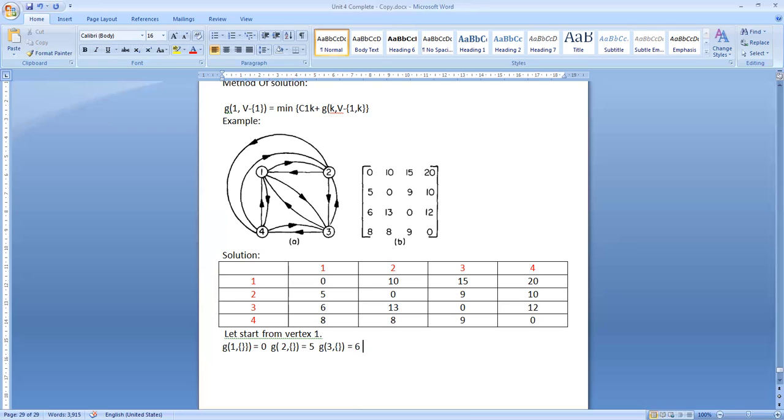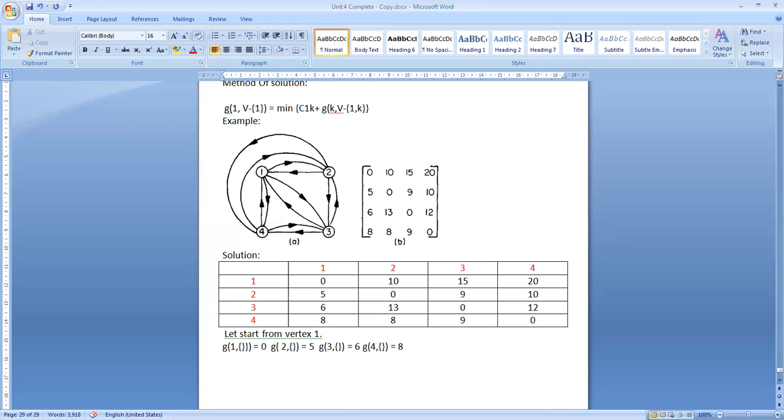Similarly, g of 4 comma phi is equal to the path 4, 1, that is 8. Okay.